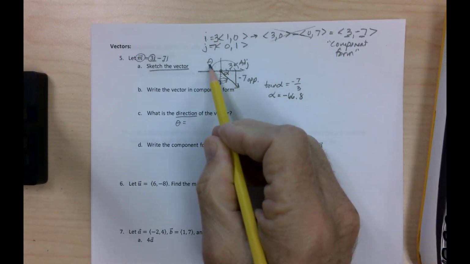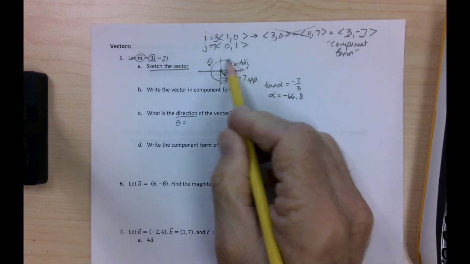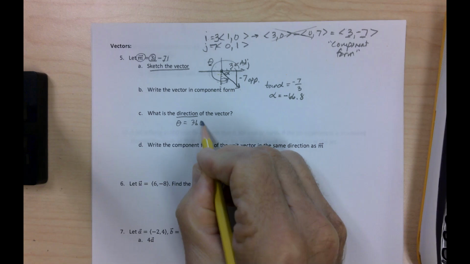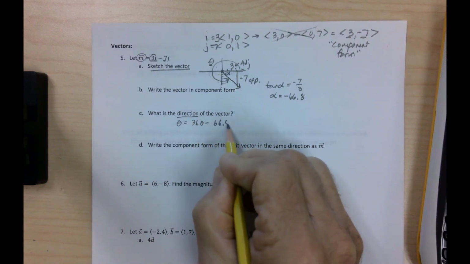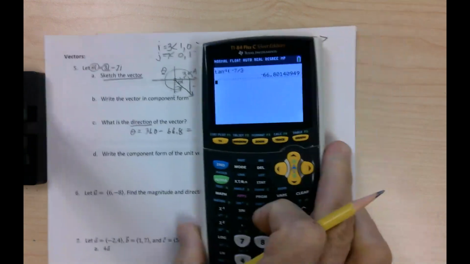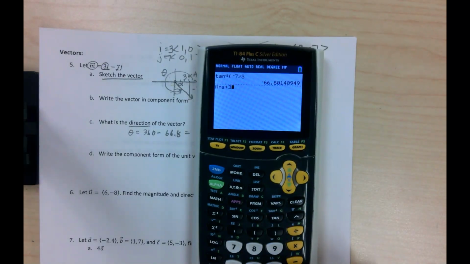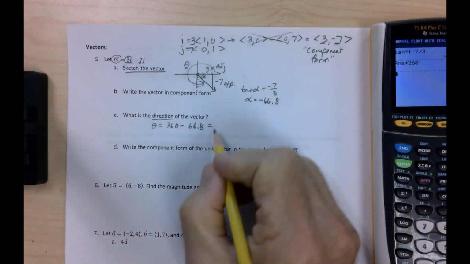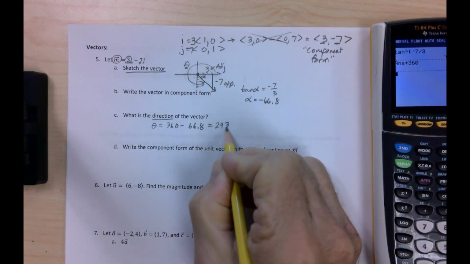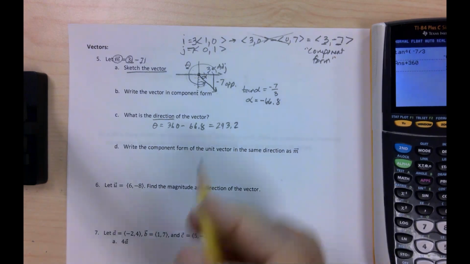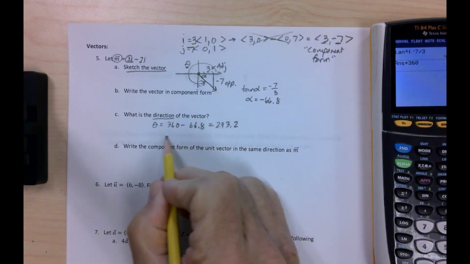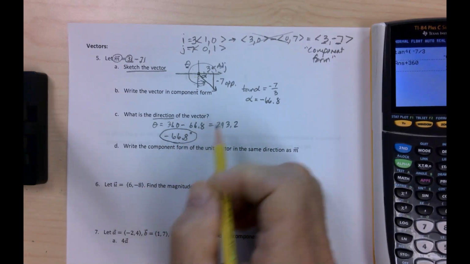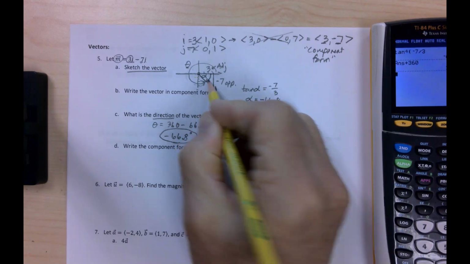But the direction is how far you have to spin your spinner to get there. So that would be 360 minus 66.8, or negative 66.8 plus 360. So I know it's 293.2. Now if somebody actually put negative 66.8, I have a hard time saying you're wrong, because that's where you spun your spinner down.